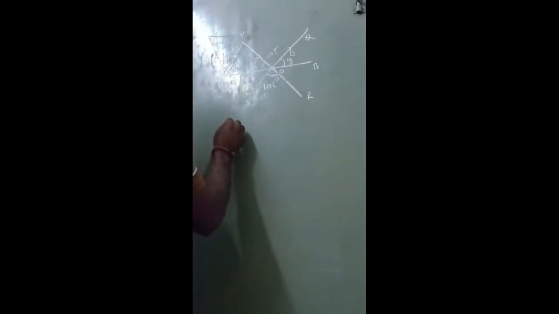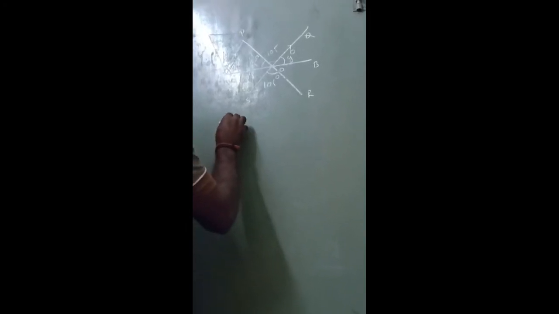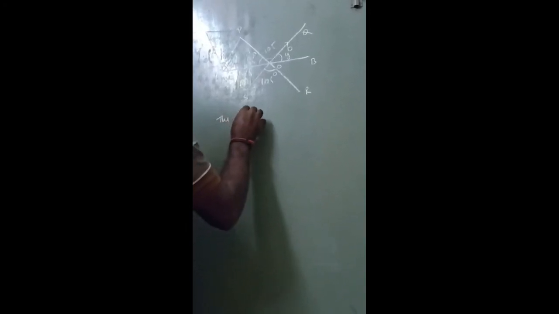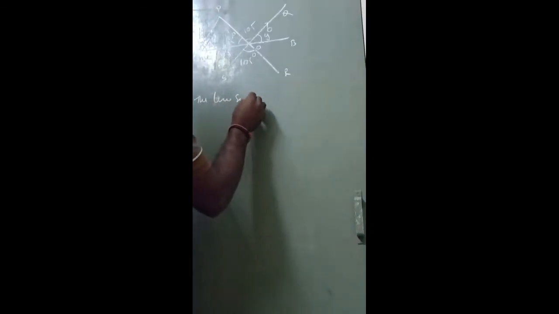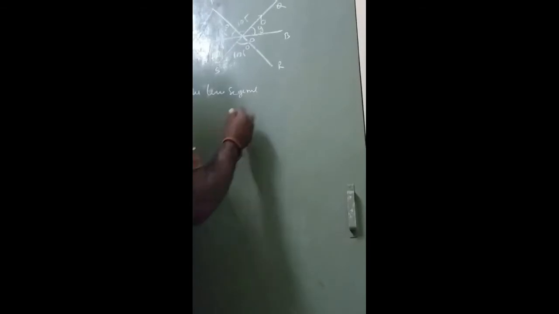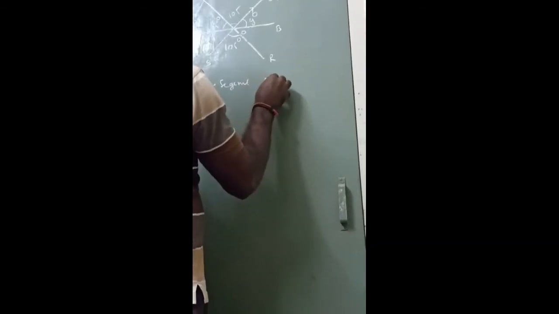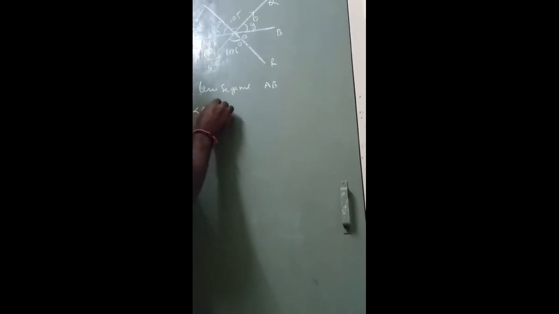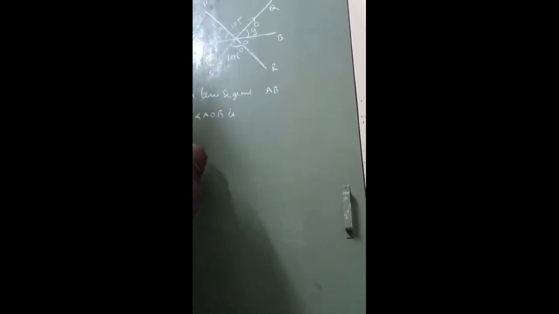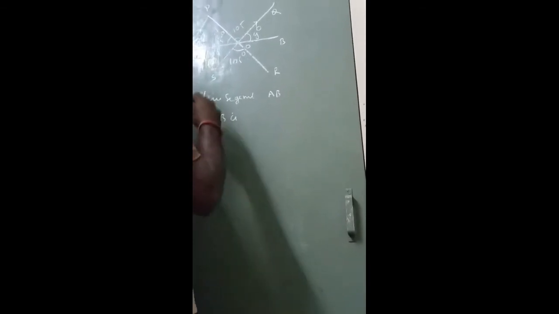The line segment is AB. Angle AOB is a straight angle. Okay, na?